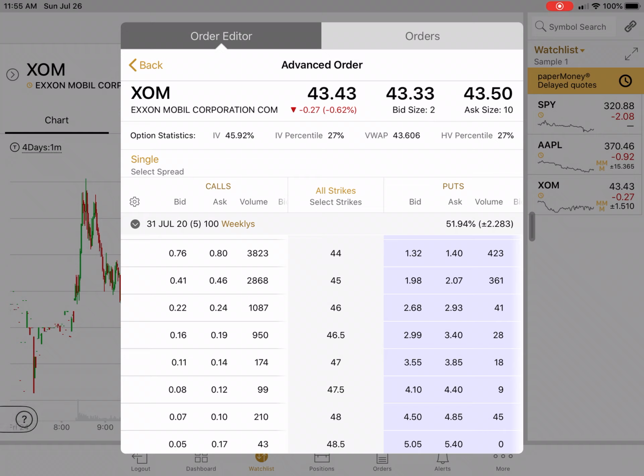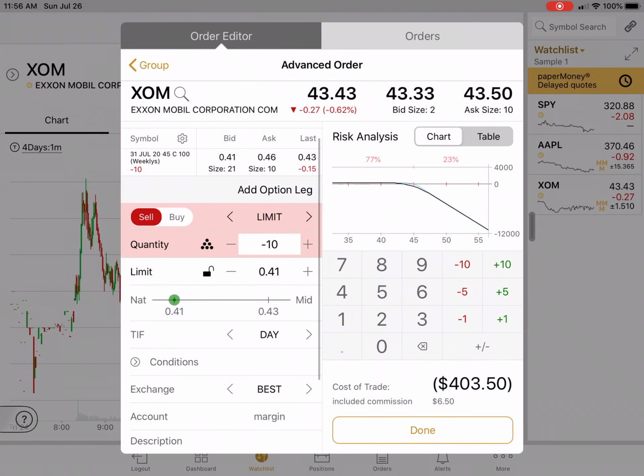So at $45 strike, I will tap on the bid for the calls, because our initial order is to buy 100 shares of Exxon, and the second order is to write a covered call against it. So that is 41 cents. I'm going to tap on it.